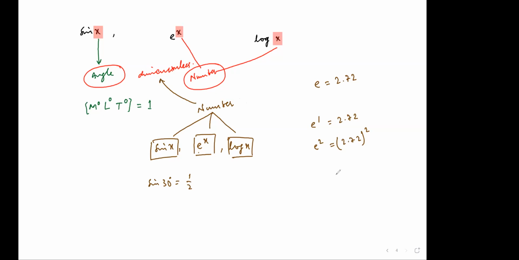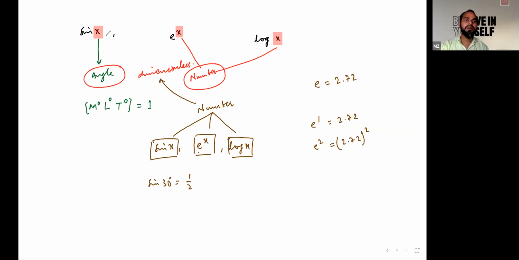Yes, sir. Clear. So we have just defined that whether it is the angle or the whole term, both would be dimensionless. So just equate that dimension to 1 and try to obtain the rest of the part in that expression. Okay, I am giving you one problem related to this.